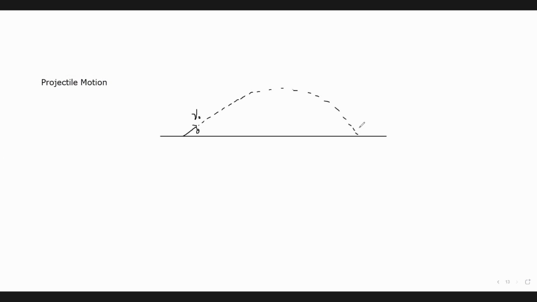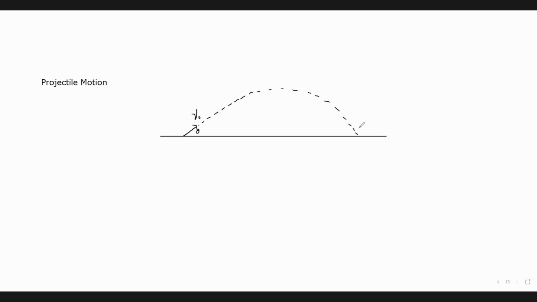Now that motion is always going to occur in a plane because the vector v0 and the vector for gravity, g, which is in the minus y direction, those two vectors form a plane.